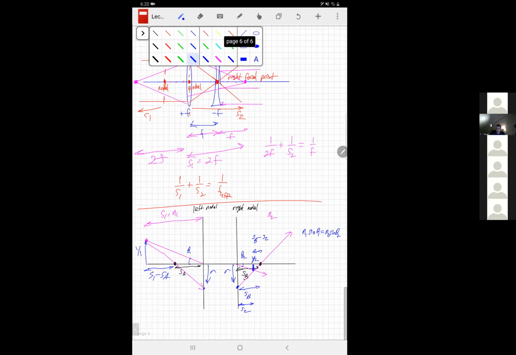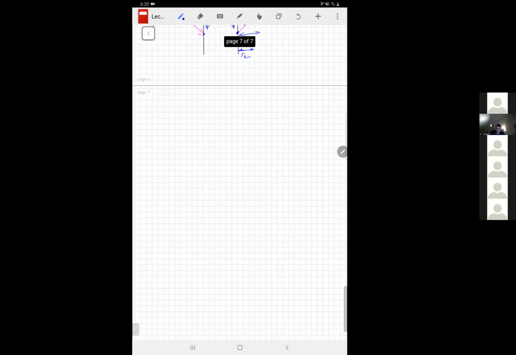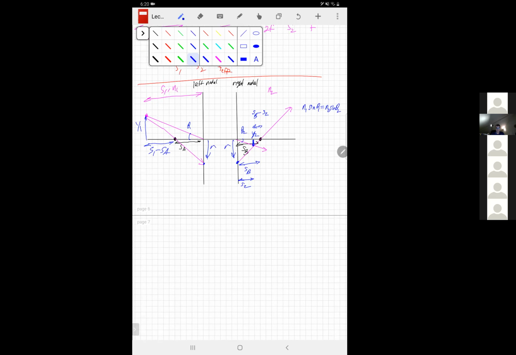All right, what does all of that mean? How do we put it all together? Well, let's just start writing down things that we know. We've got a bunch of complicated diagrams. Here's a pair of similar triangles. So y1 over S1 minus SA equals R over SA.